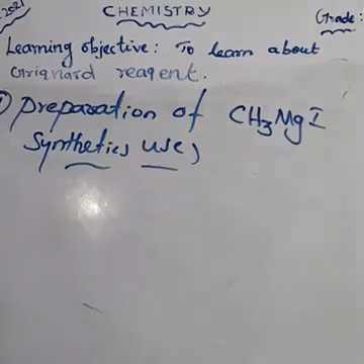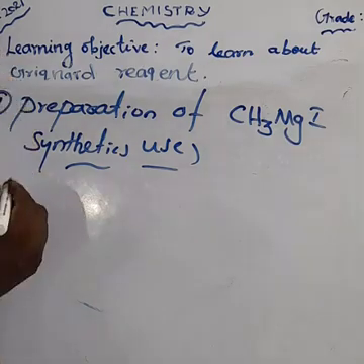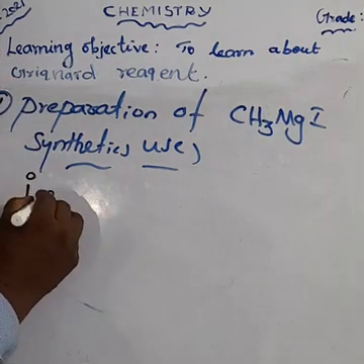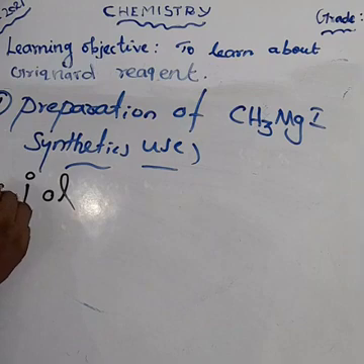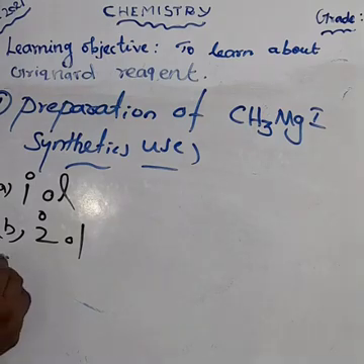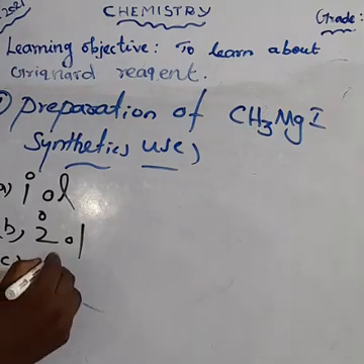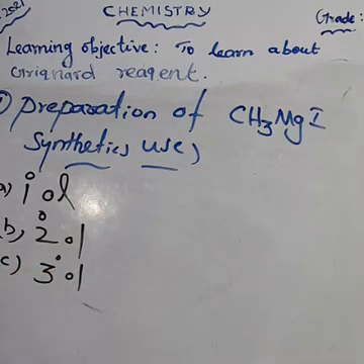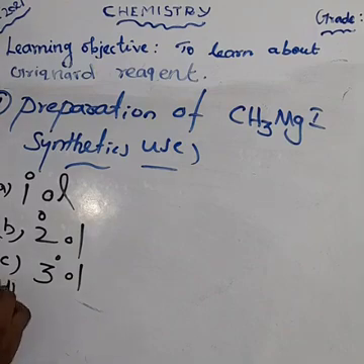What are the synthetic uses? One is the preparation of primary alcohol. Second one, secondary alcohol. Third one is tertiary alcohol. Then fourth one is carboxylic acid.